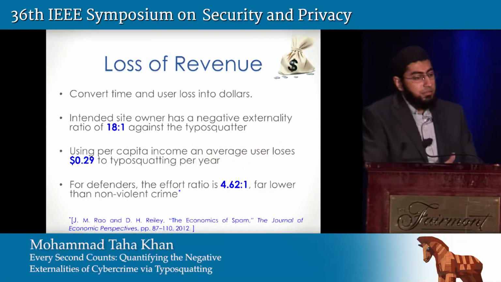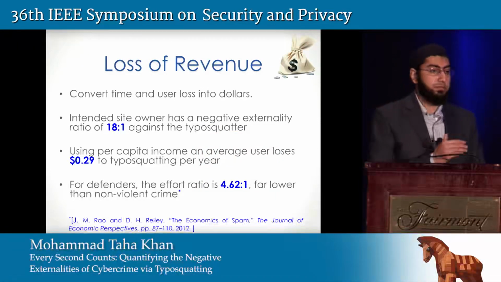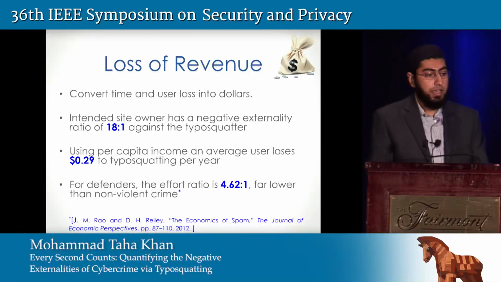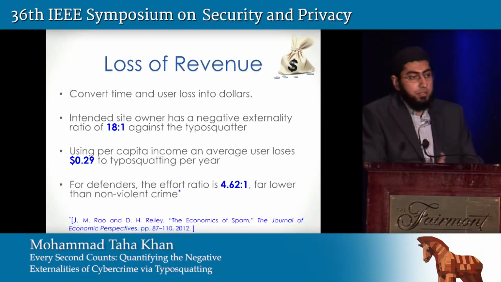Now, looking at the loss of revenue, we need to form a basis of comparison. We essentially need to convert the negative externalities of lost users and loss of time into an actual dollar amount. Let me explain negative externality, because it's an economic term.